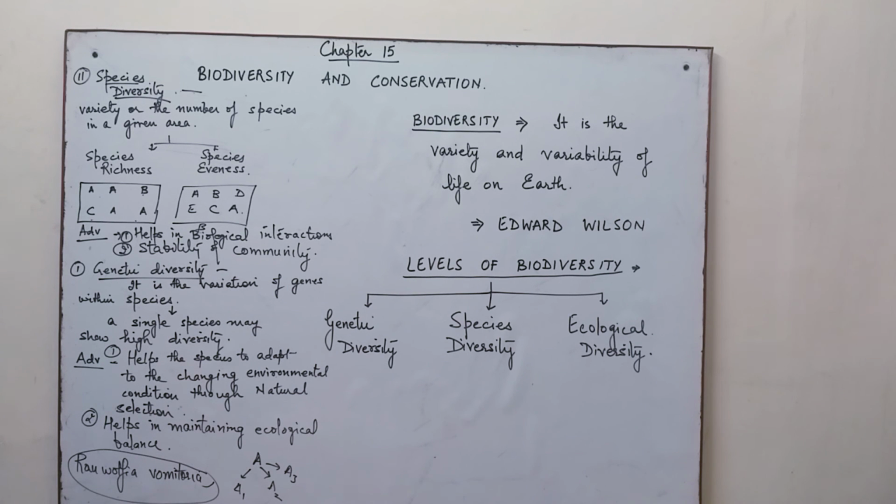So ecological diversity ensures more diversity. In India, for example, the deserts are there, the rainforests are there, the wetlands are there, estuaries are there. So we find more ecosystem diversity as compared to countries or places where there is less diversity at the ecosystem level.